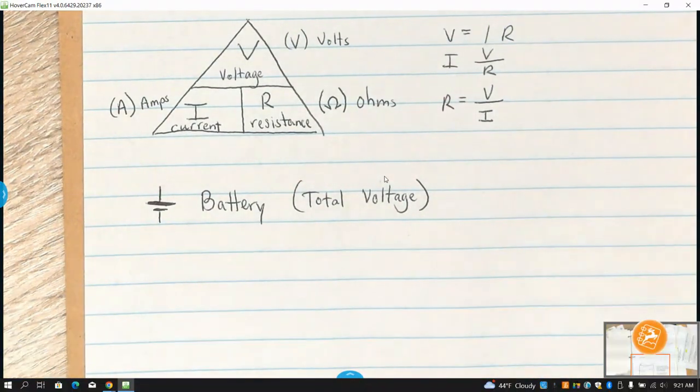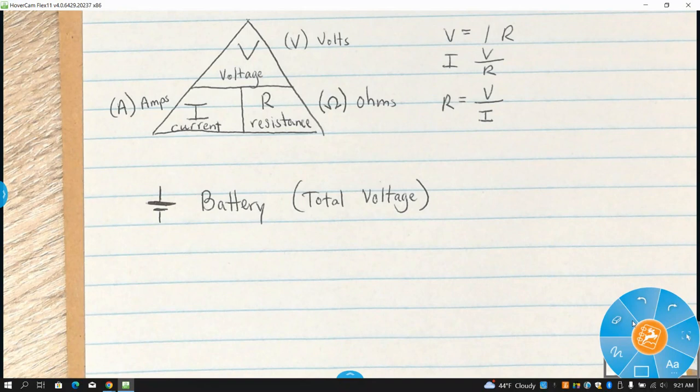So if you see a number to the left of it, like a 12 V, that means the battery is a 12 volt battery. That's the total amount of voltage that we have for the whole system.